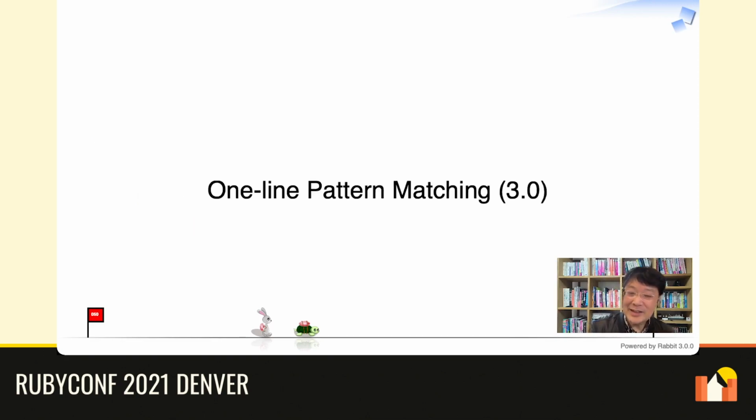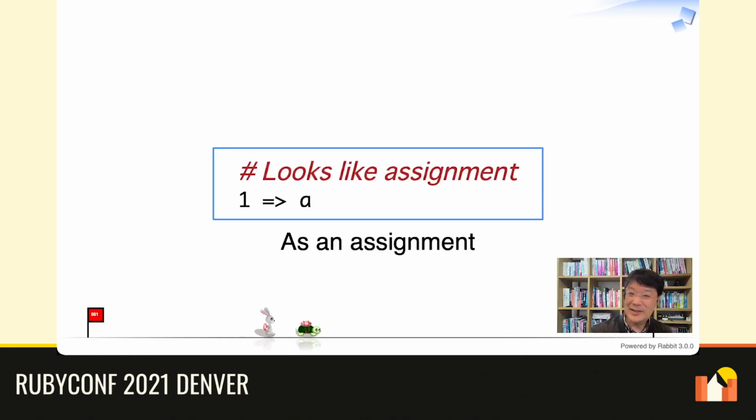That's nice. And in 3.0, we have added one-line pattern matching, an enhancement of pattern matching. This hash rocket is the one-line pattern matching. The left-hand side is the value 1.